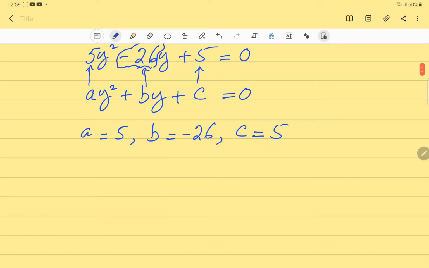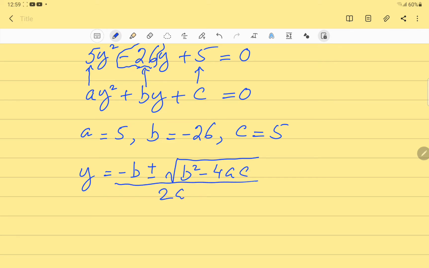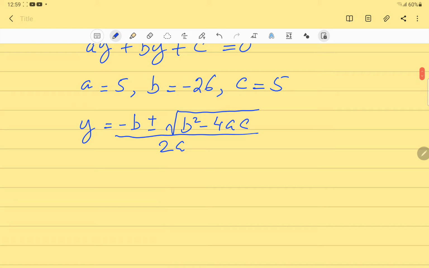Our quadratic formula is y is equal to minus b plus minus square root of b squared minus 4ac over 2a. Now we will substitute the values of a, b and c into this formula.